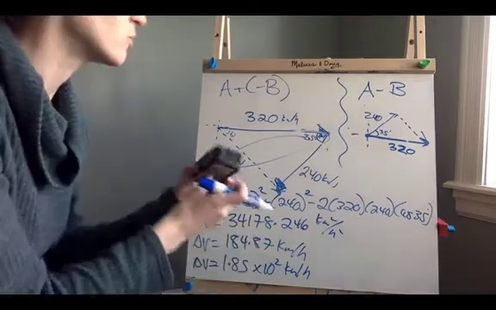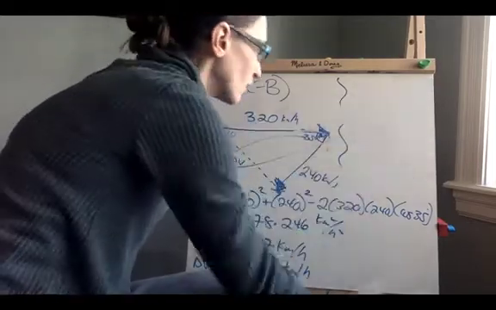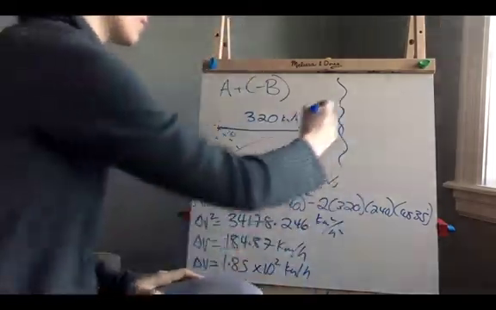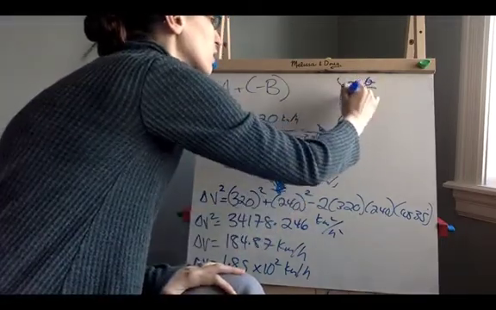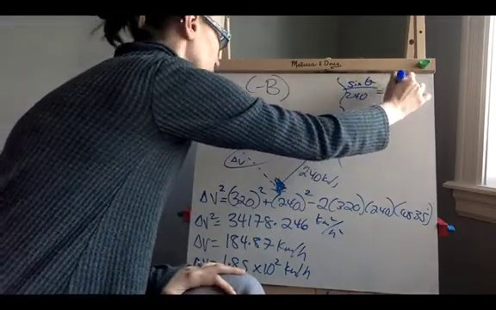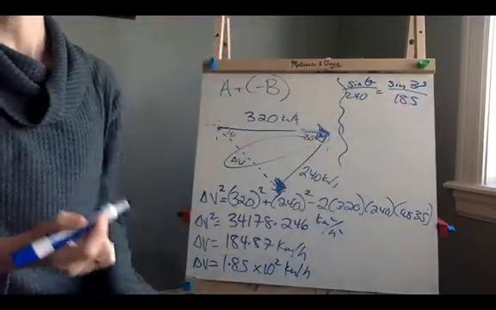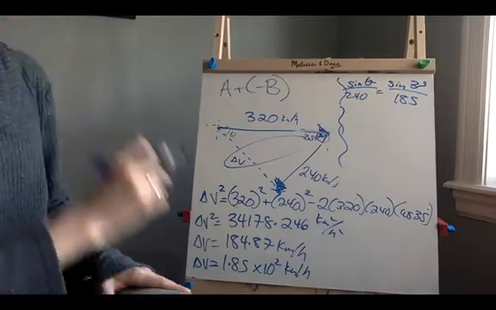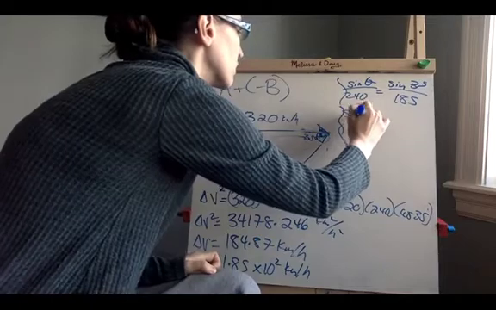Okay, so again, I just subtract this one over here, just to make space to do that sine law. Right, so we can set up that sine theta over 240 is equal to the sine 35 over the 185. Multiply both sides by 240. You get that sine theta is equal to 0.7441.